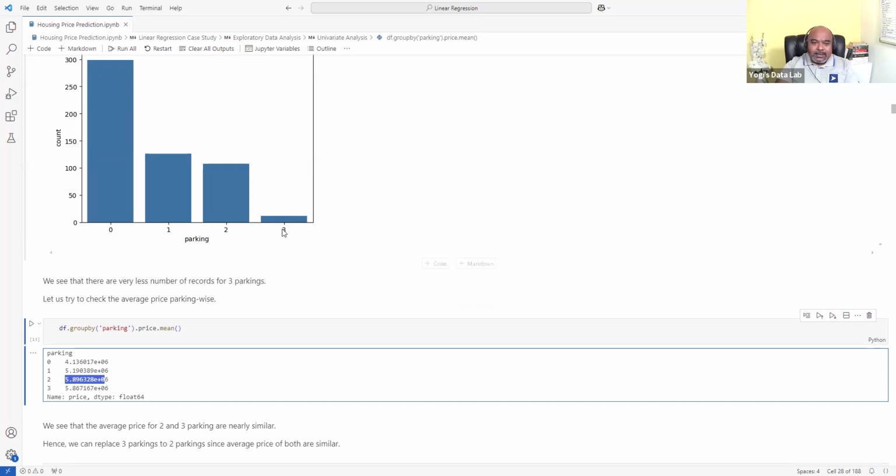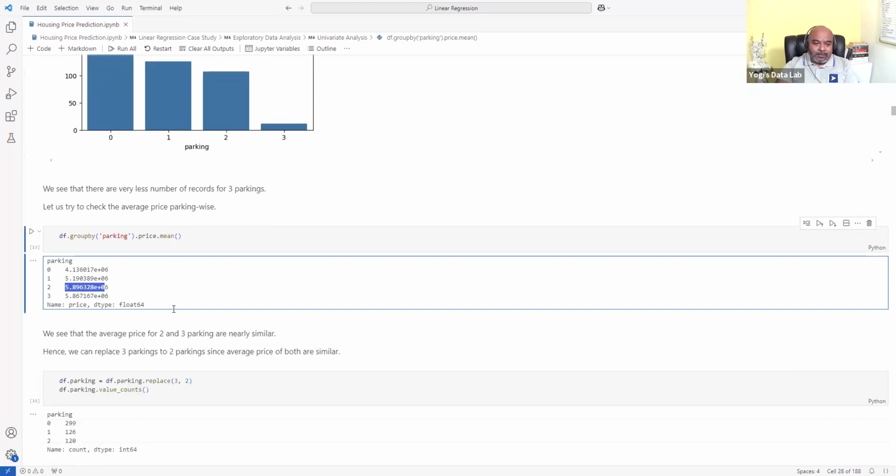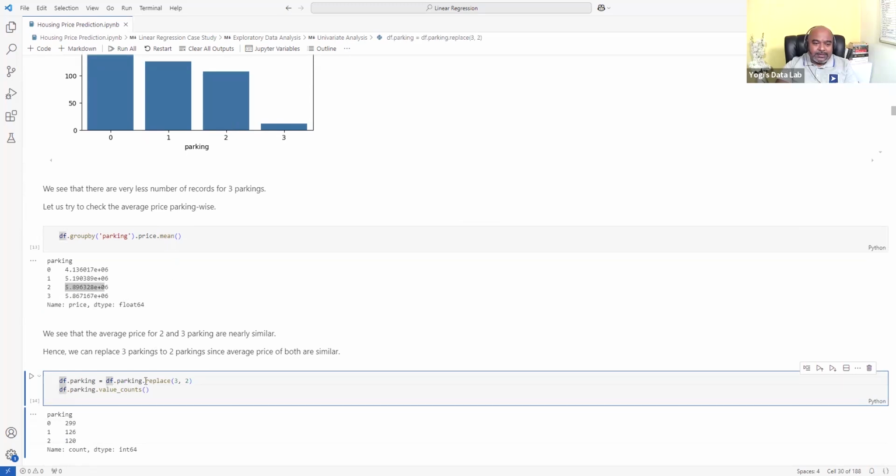So it's possible that I can replace 3 with 2. So what we are doing, I am replacing the value 3 with 2 for parking. When I replace this, now you'll see that the distribution that I have for 0, 1 and 2 is decent, and this very small quantity of 3 parking has been merged with 2.